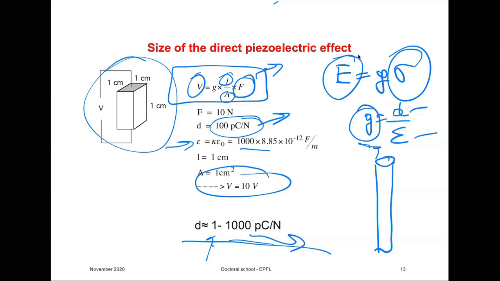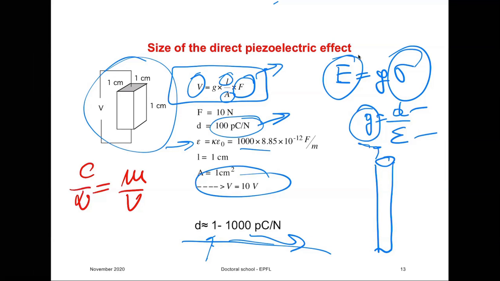You will see later on that for a converse effect, we have units of meter per volt. So what I'm saying here is that coulomb per Newton is equal to meter per volt, and you can convince yourself by transforming coulomb per Newton, and you will get meter per volt.